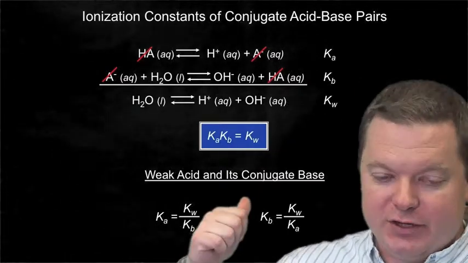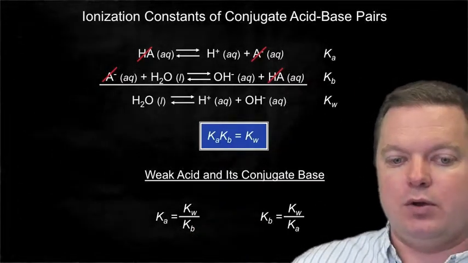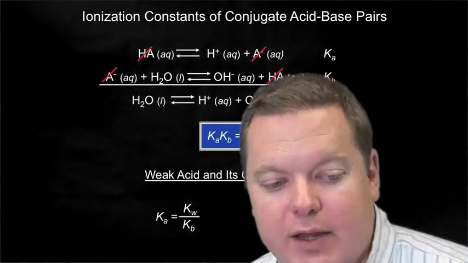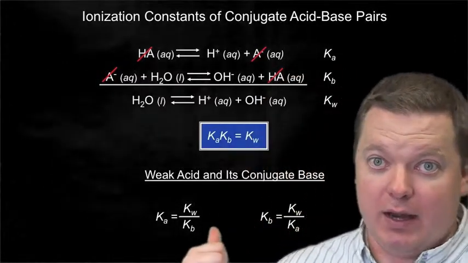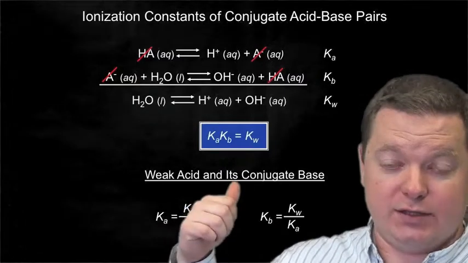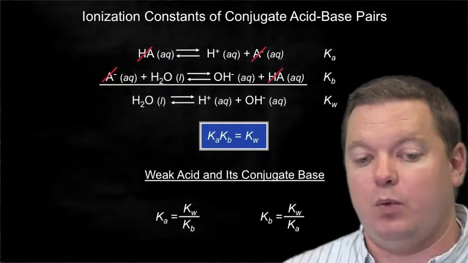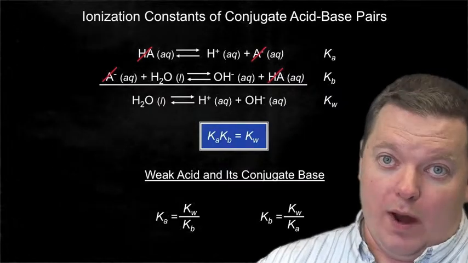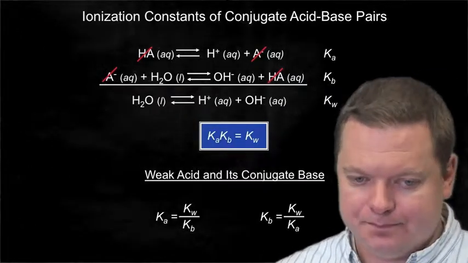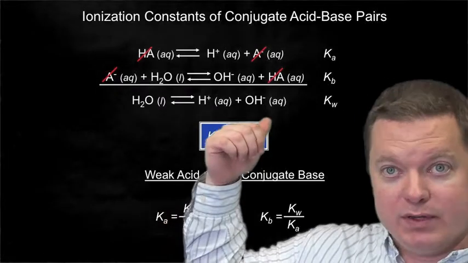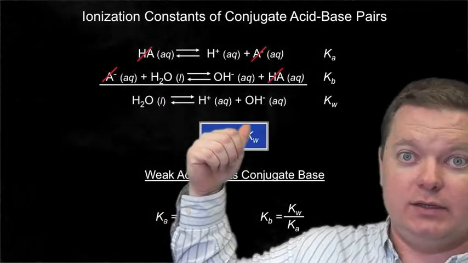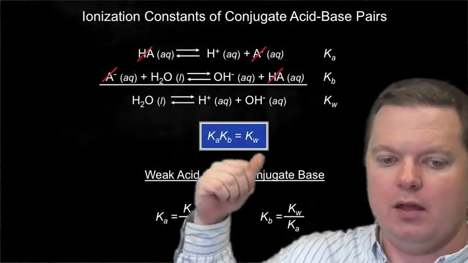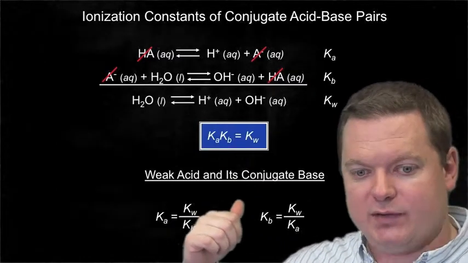So if we look at the acid, HA is in equilibrium with H plus and A minus, and then that A minus, if HA is a weak acid, is going to be a weak base, so it can react with water to form OH minus and HA. That top one is an acid dissociation, or Ka. The bottom one is it acting as a base, or Kb.